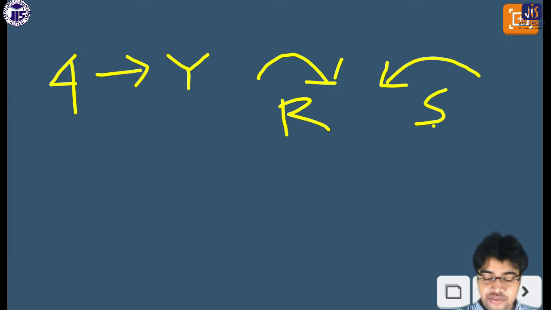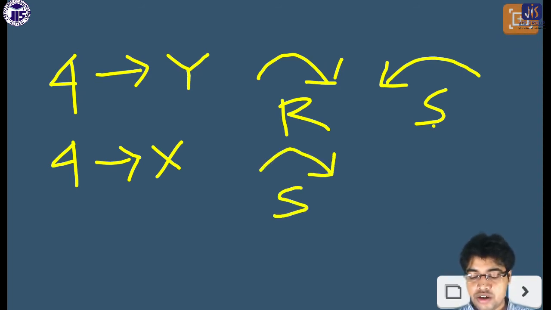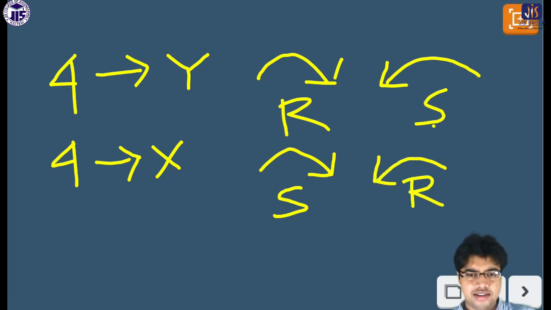But if the fourth priority group is on the x-axis, then clockwise will be S and anti-clockwise will be R.